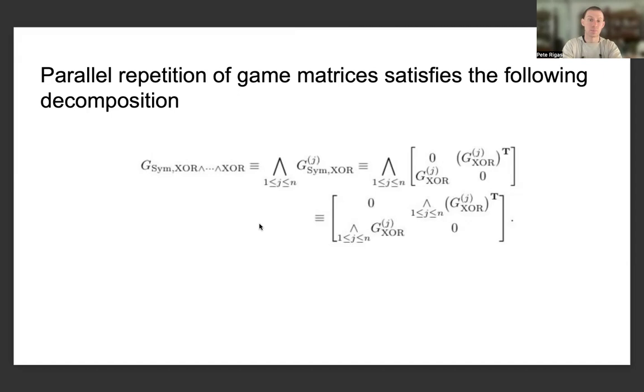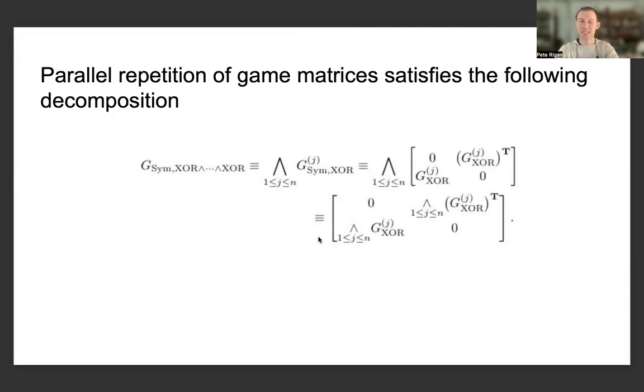again, it shouldn't come as a surprise that this symmetrized game tensor or game matrix, depending upon the specific game that we're considering, can identically be expressed in terms of the wedge operation over the little j index, which appears in the subscript of the symmetrized game tensor for the XOR game. It can identically be expressed in terms of the parallel repetition operation performed on this matrix representation, which has zeros on the diagonal, as well as the conjugate transpose of the game matrix in the first term of the anti-diagonal, as well as just the game matrix itself along the remaining element of the anti-diagonal.